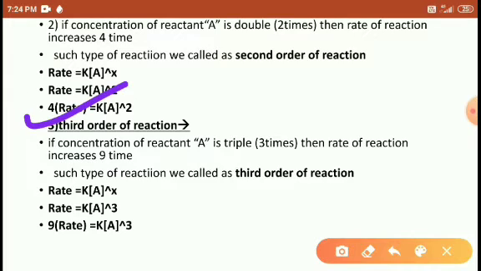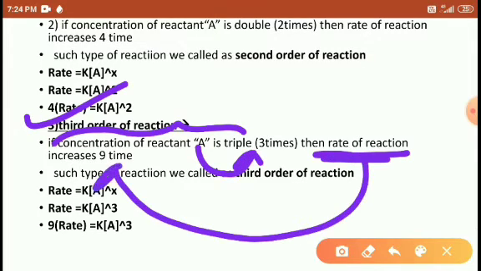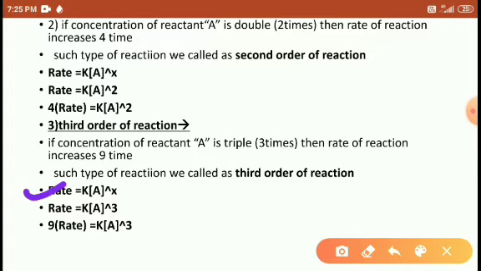Next, the third one is the third order of reaction. Here, in the third order of reaction, the concentration of reactant A increases 3 times and the rate increases 9 times, right, students? Here the rate is equal to K times the concentration of A to the power x.